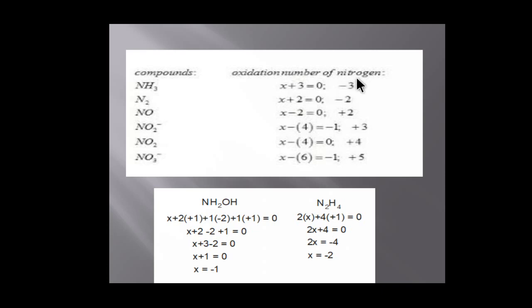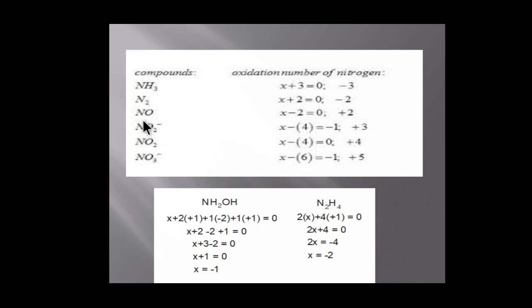So minus 3 is the oxidation number of nitrogen in ammonia. Similarly, N2, X plus 2, equal to 0. So X equals minus 2.